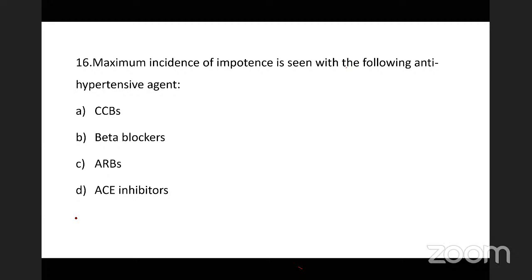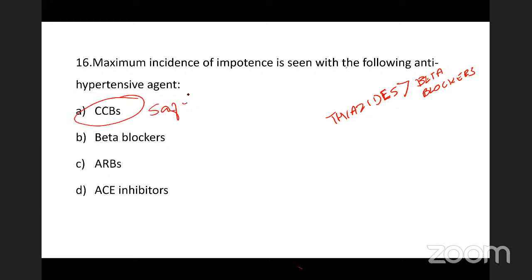The rank order is thiazides first. Thiazides produce maximum sexual dysfunction or loss of libido, followed by beta blockers. Calcium channel blockers are safe and do not produce it.